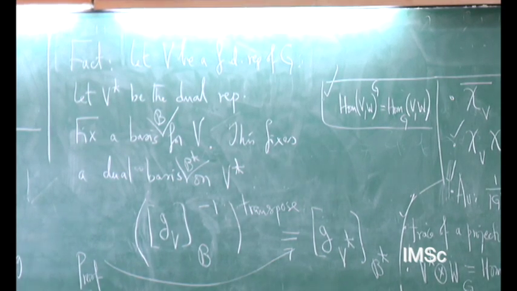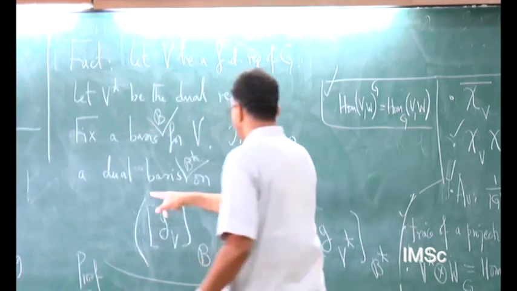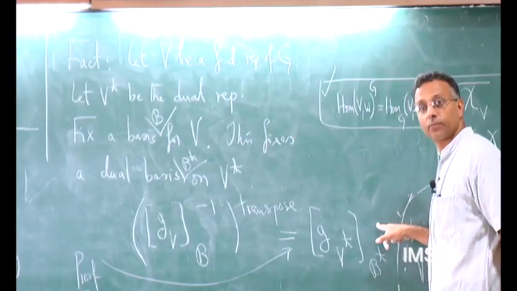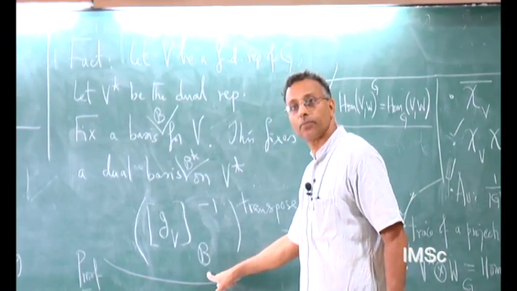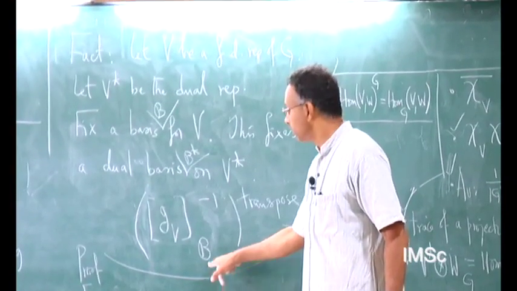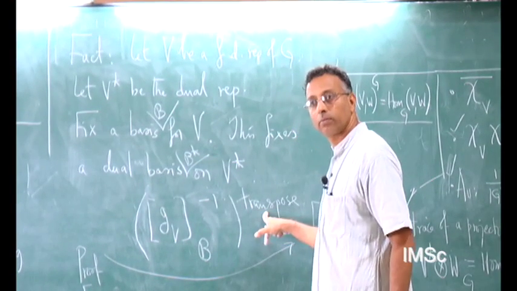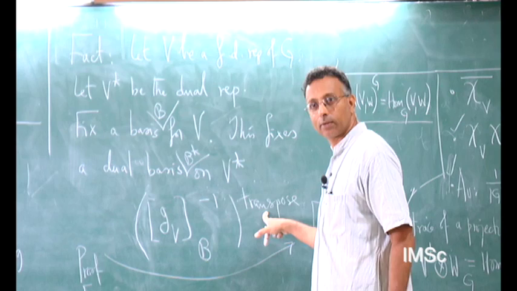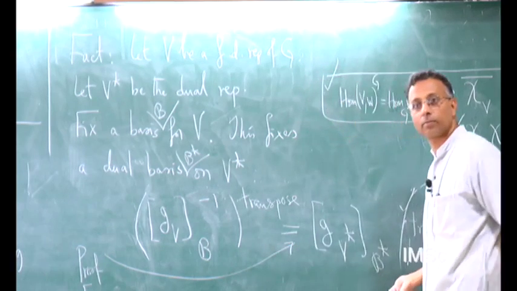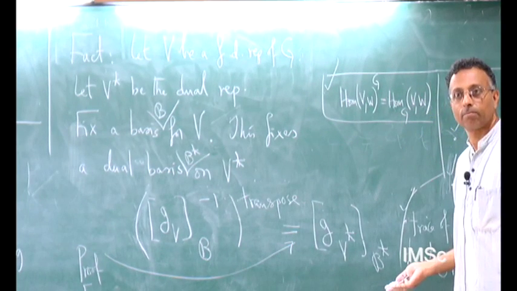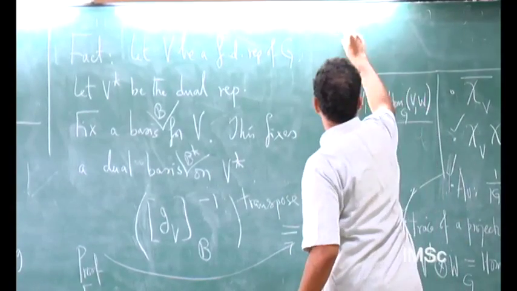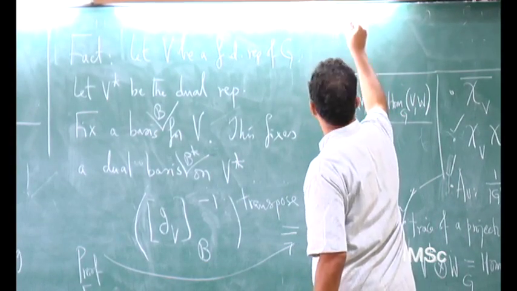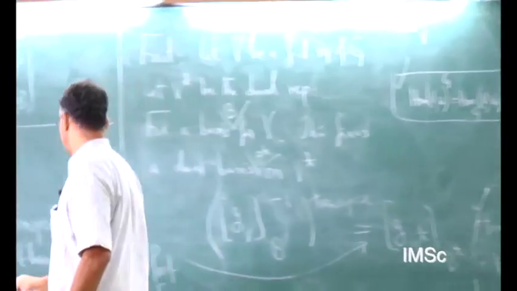If I take trace on both sides and choose my basis such that this is unitary, what is inverse transpose? Conjugate. And then I get what I want. So this is chi V bar.